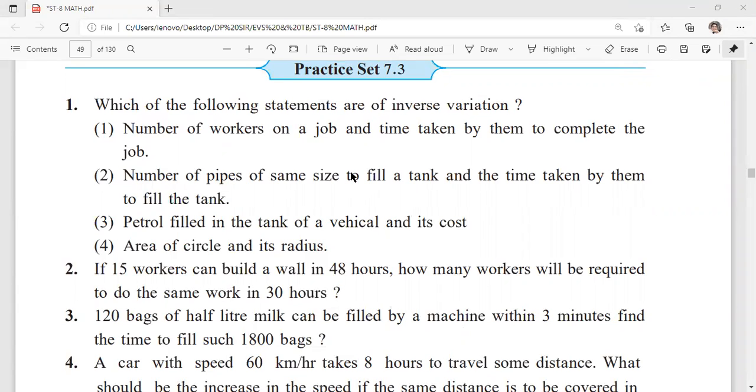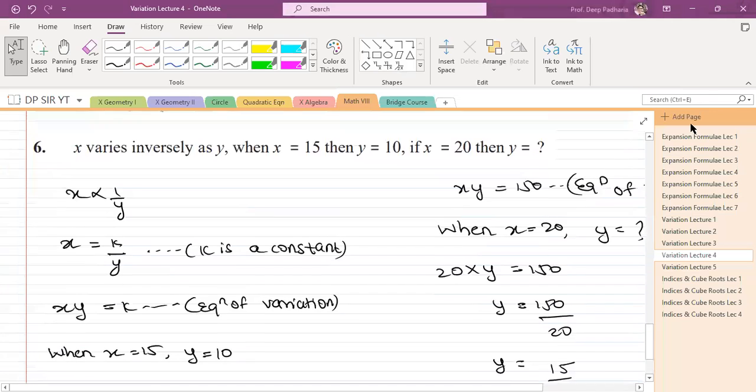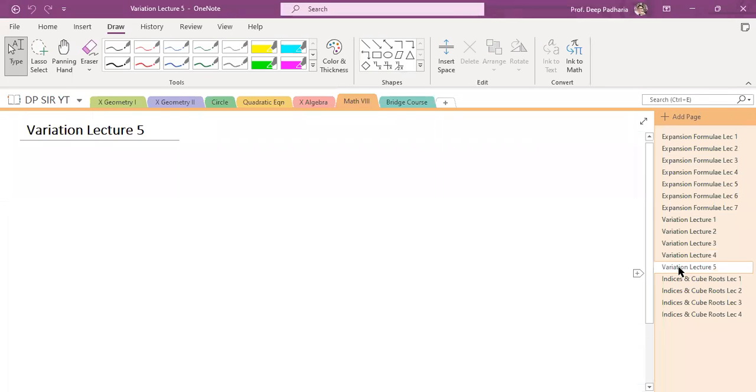And I'll go back, switch to my OneNote. Go back to lecture number 5. Again, there is nothing mentioned over here. So these questions are based on time, work, speed. So if you all want, I can record a separate lecture. It's not a big deal with me. Okay, I will record a separate lecture.